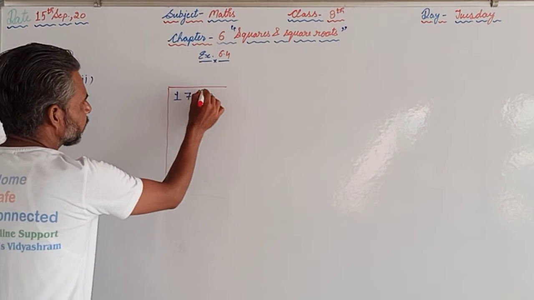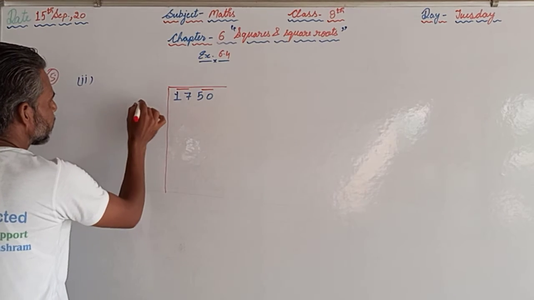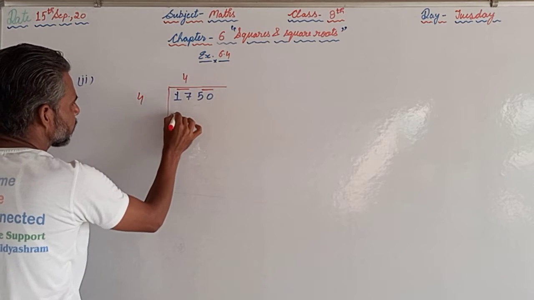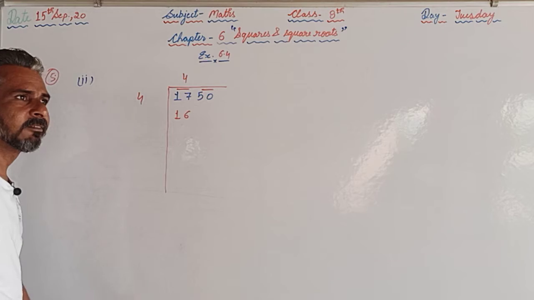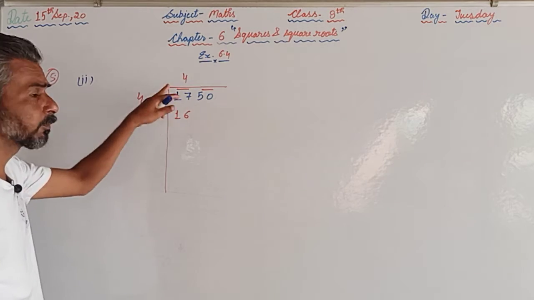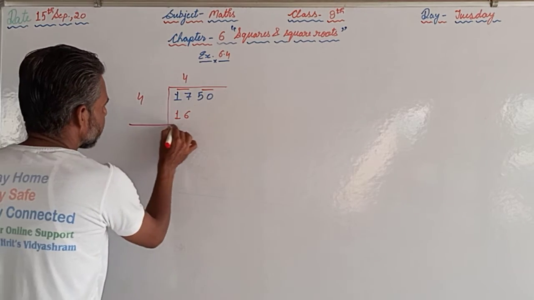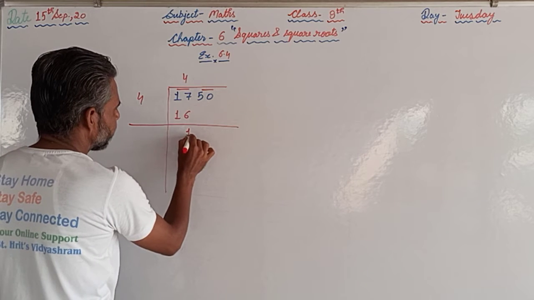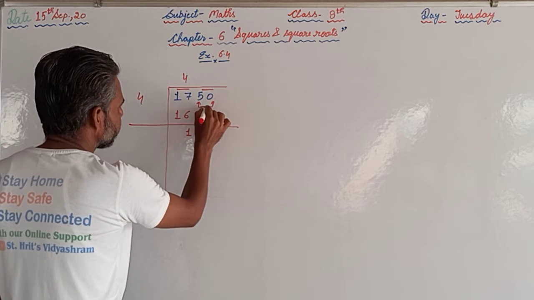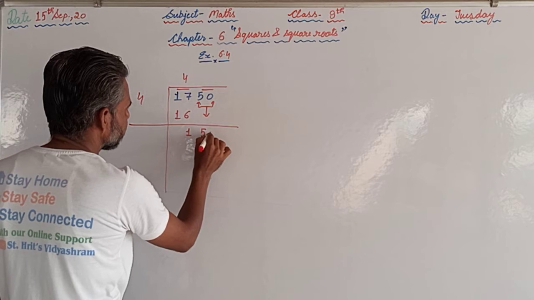So we will start pairing from the right hand side. So here comes 4, 4 times 4 is 16. Why? We cannot write 5, 5 times 5 is 25 will be more than 17. So now we are supposed to subtract, we will get 1 here, and afterwards we are supposed to borrow the next pair.